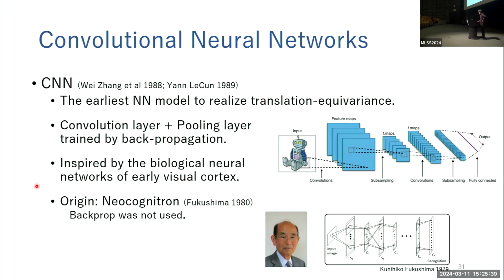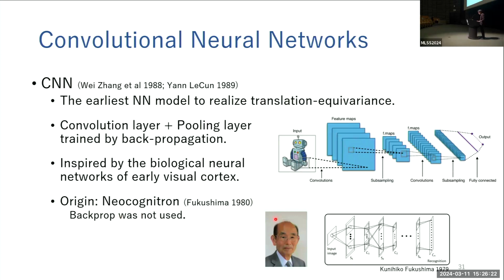And actually, before the proposal of Yann LeCun in the late 80s, the Japanese researcher Kunihiko Fukushima proposed a model which uses a convolutional layer and a pooling layer, which is called the neocognitron. But unfortunately, at that time, backpropagation was not yet invented.